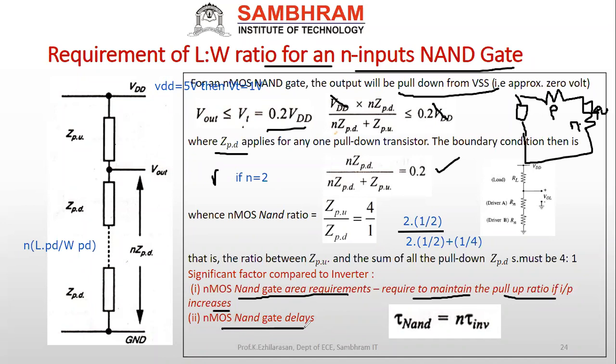Then the NMOS NAND gate delay. How much will it be? Simple, it will be very, very easy to calculate. For example, tau NAND is equal to N times tau inverter.